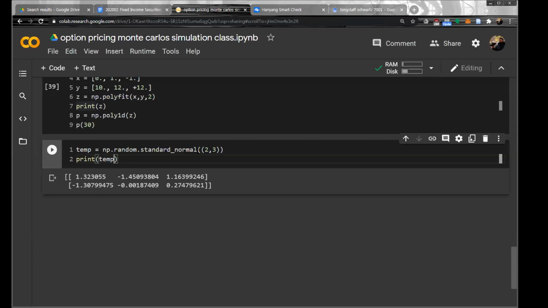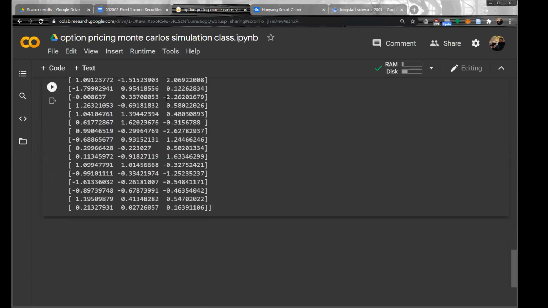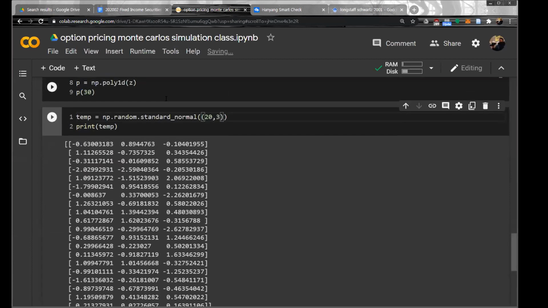Okay, now it works. So we can now generate a random matrix where the dimension is 2 by 3, so 2 rows and 3 columns. If we make it 20, then of course we will have 60 random numbers like this.